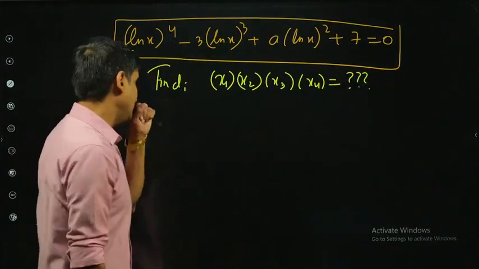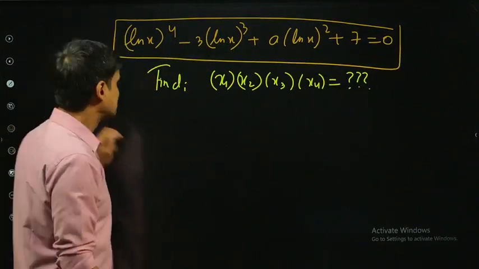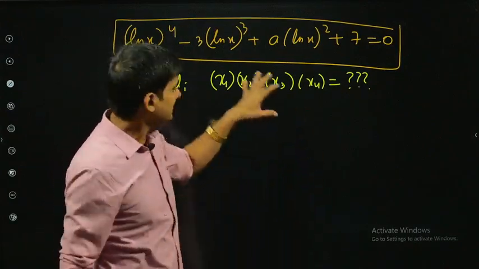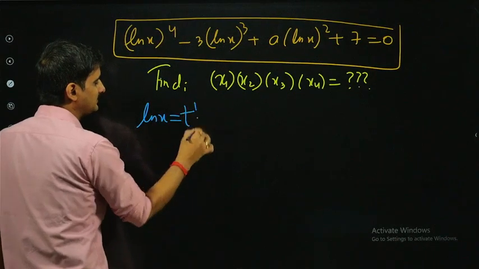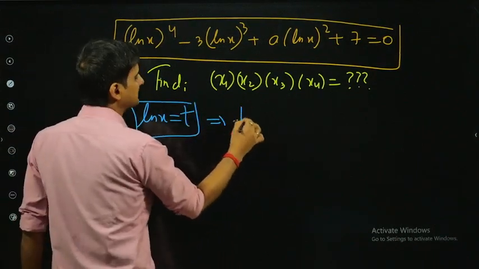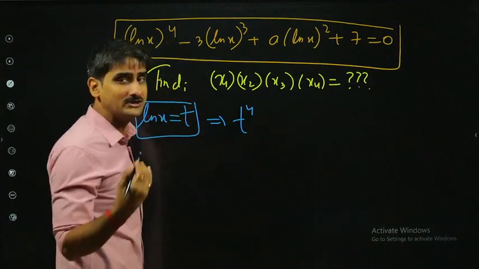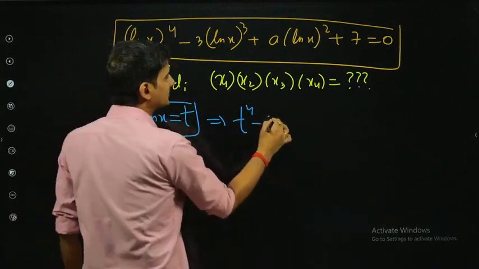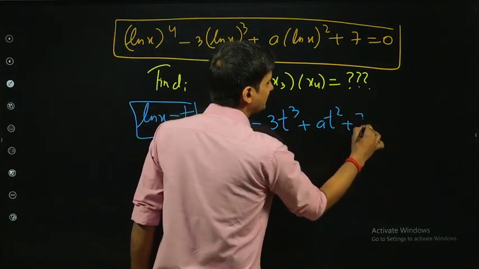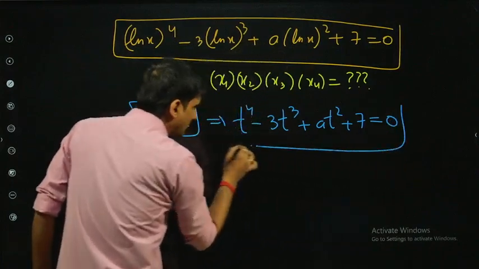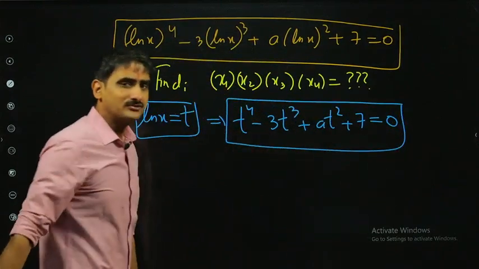Now the simplest thing to start with: if I replace ln x by some variable t here, we'll get a polynomial of degree 4 in terms of t.